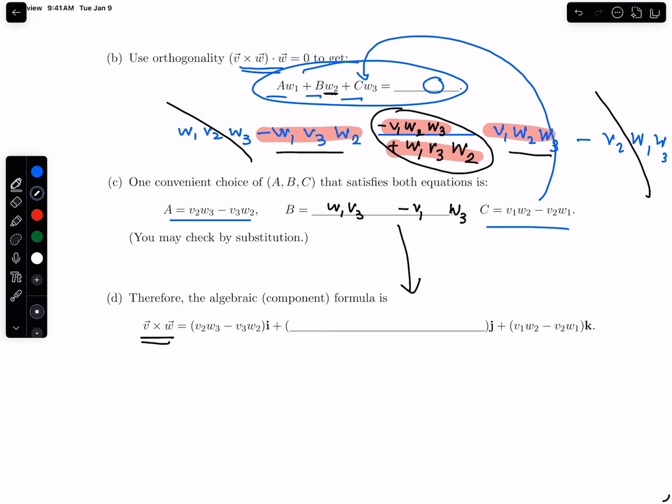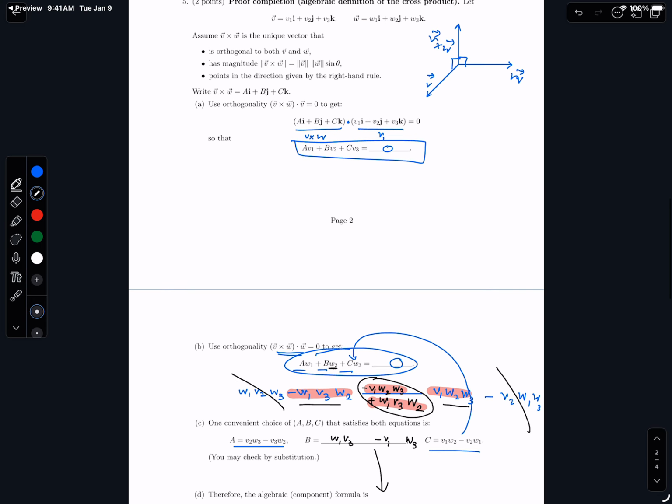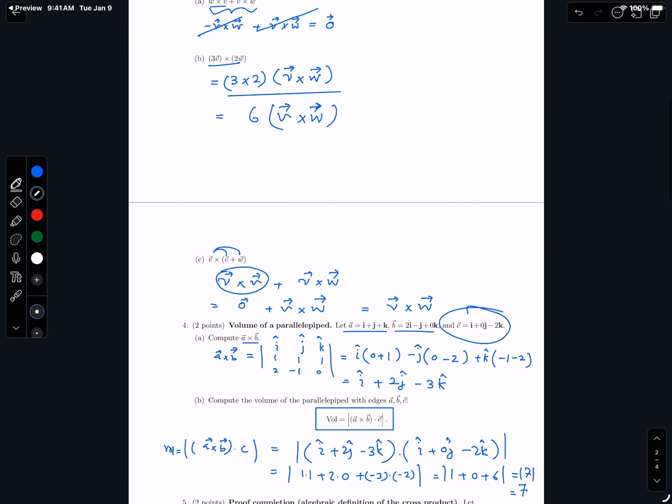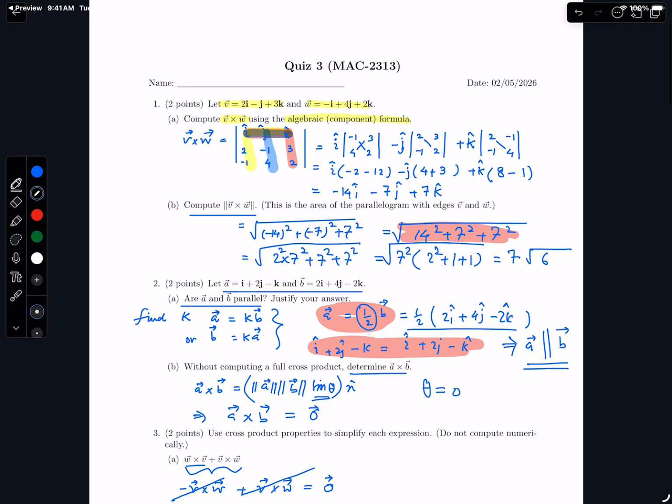So this definition should be W1 V3 minus V1 W3. Okay, so this was the third quiz, which was not too long, to be honest.